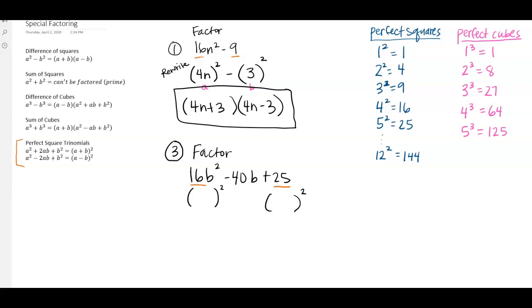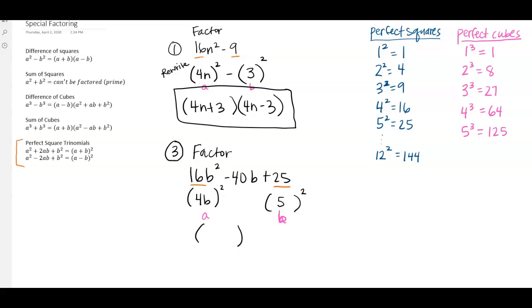So 16b squared, right? So will be 4b inside, because 4b times 4b gives me 16b squared. And then what times what gives me 25? That would be 5. All right, so again, I have my a part and my b part here. All right, and so then if we look at this, notice that it's saying instead of them being opposites of each other this time, they're actually going to be the same term.